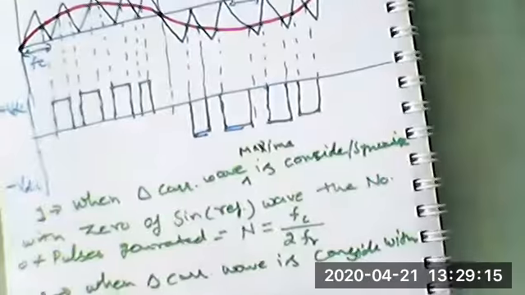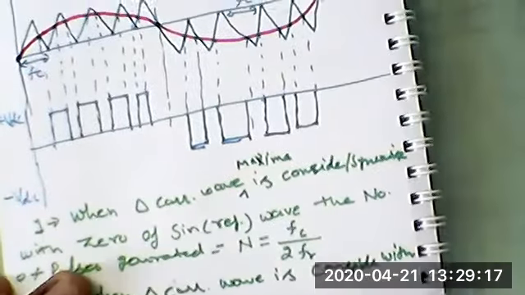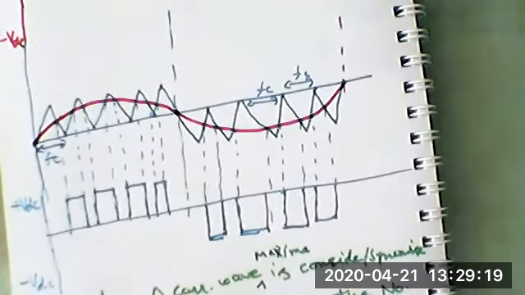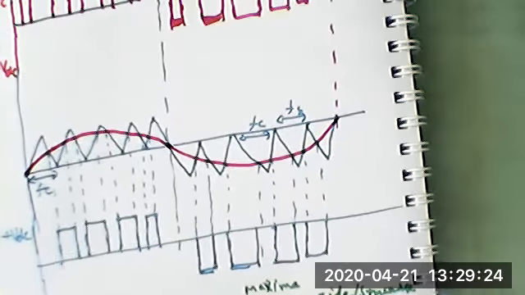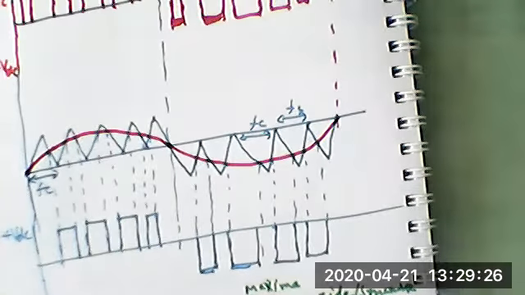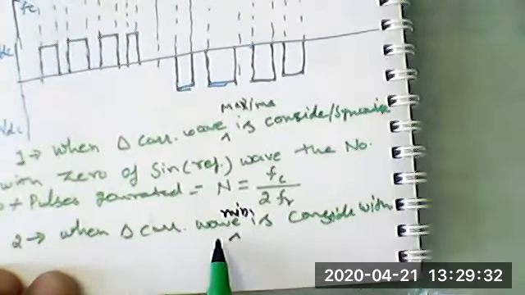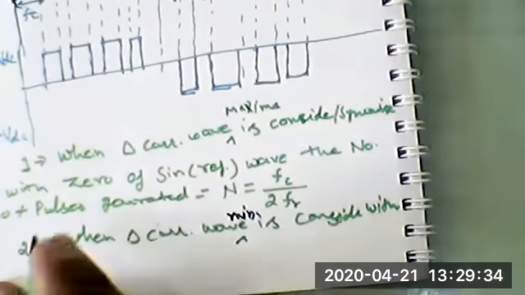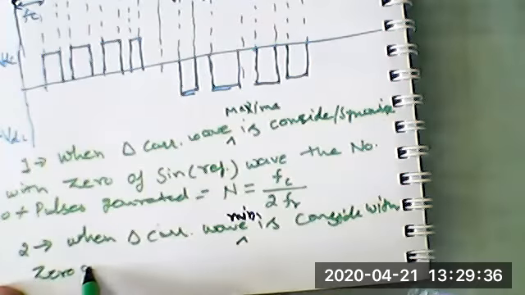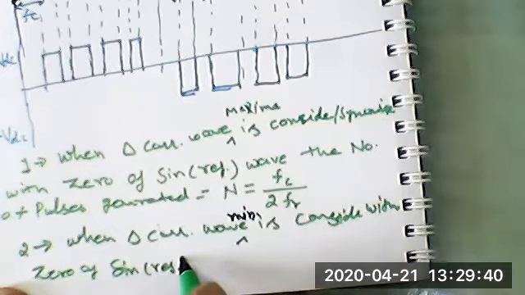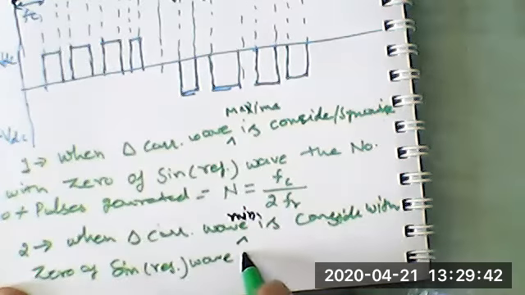Clear? Now, when the triangular carrier wave minimum is coincident with 0 of the sine reference wave.